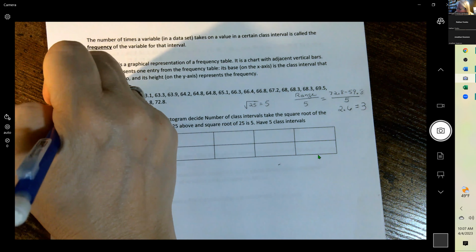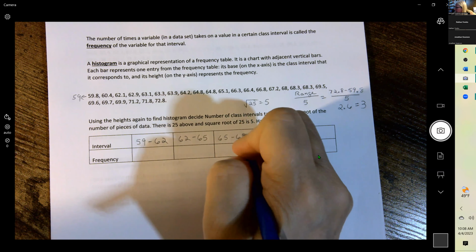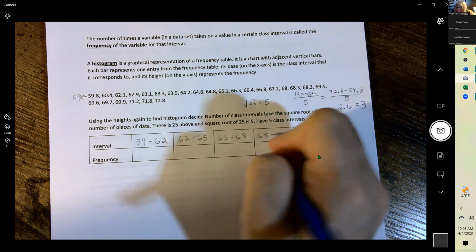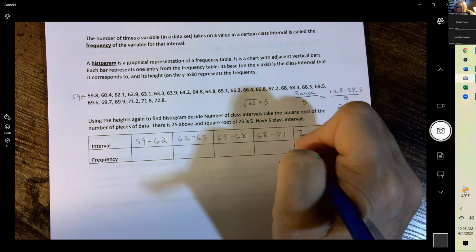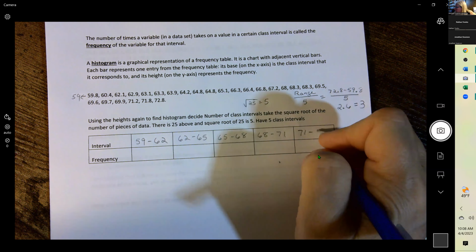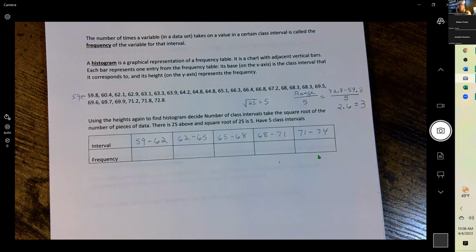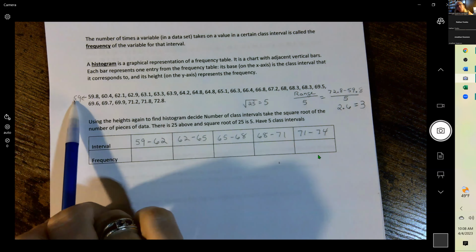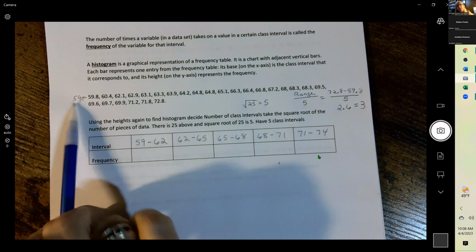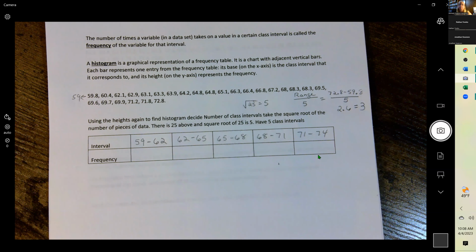Now this continues because they're overlapping, they're touching. 62 plus 3 is 65. 65 to 68, 68 to 71, 71 to 74. So I just took this down to an integer, and then I counted by threes.